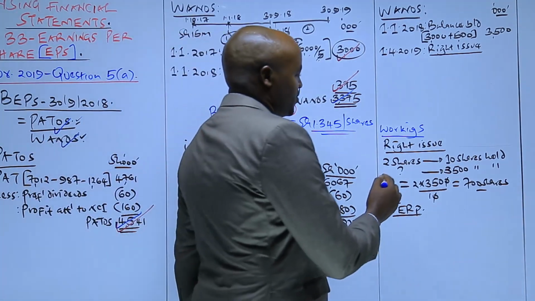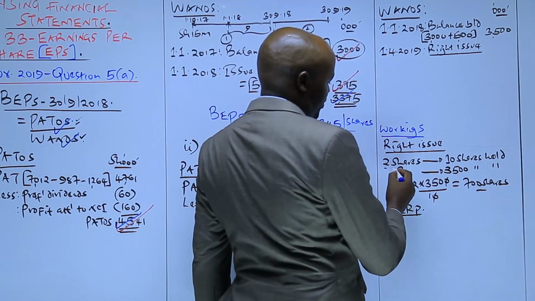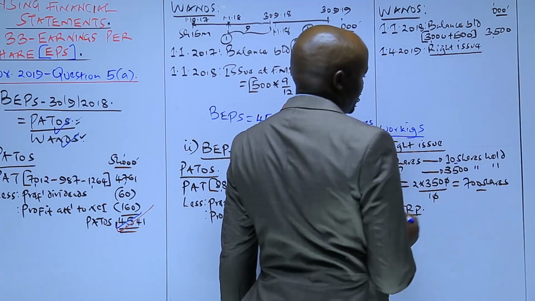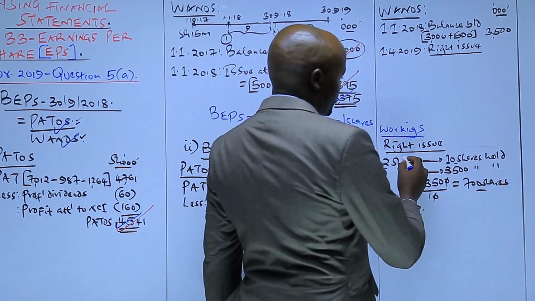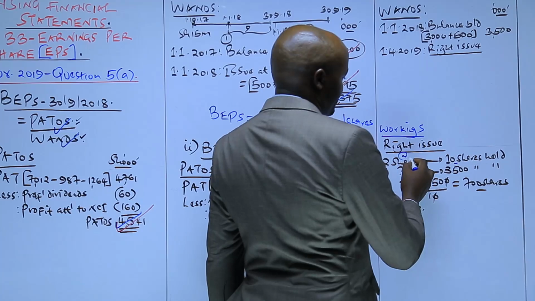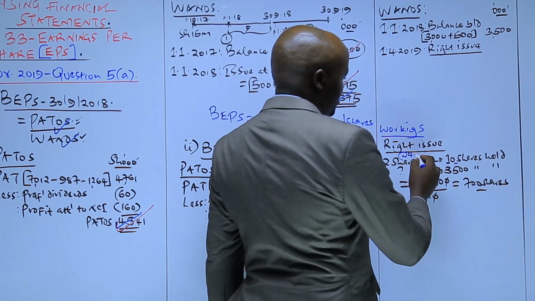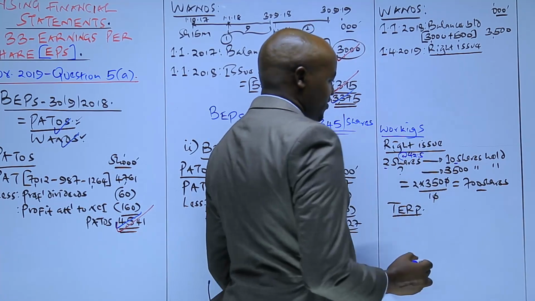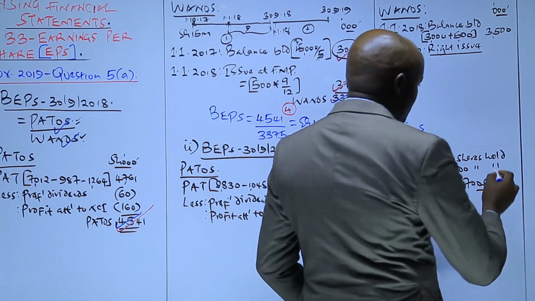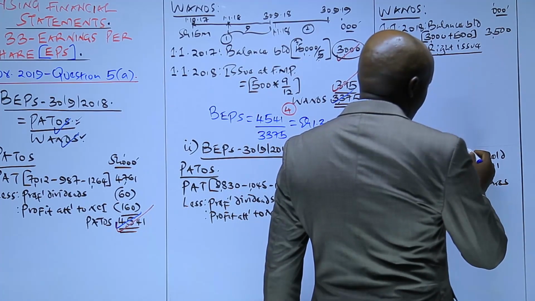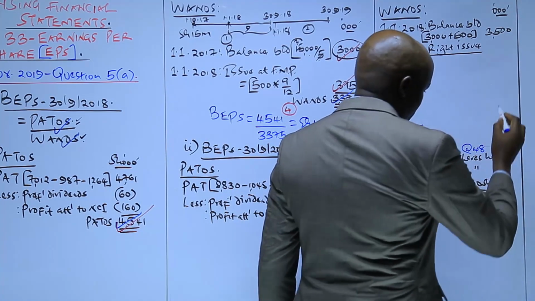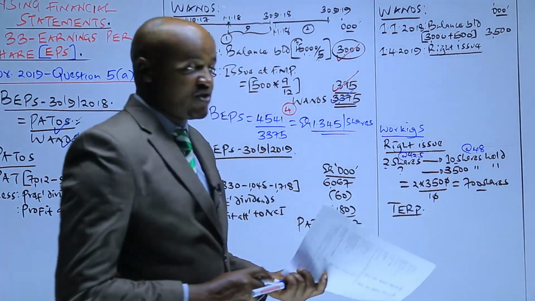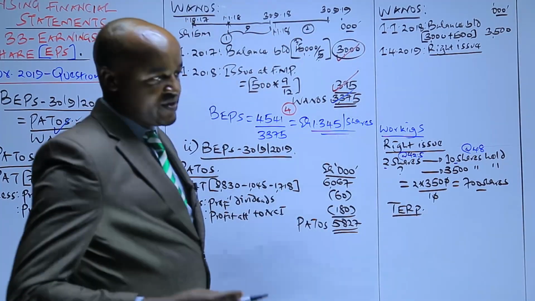So it means that because during the rights issue, the company was to issue 2 shares for every 10 shares which were held before, these 2 shares which were to be issued by the company during the rights issue, each share was to be issued at 42.5. But now, the market price per share before the rights issue was 48. So that information, we need to have it here.